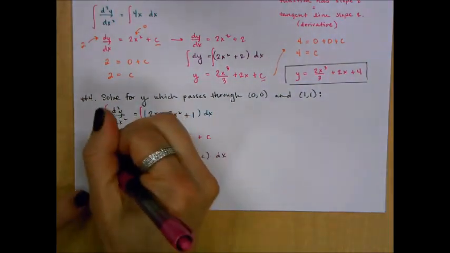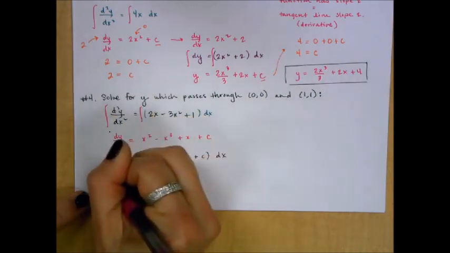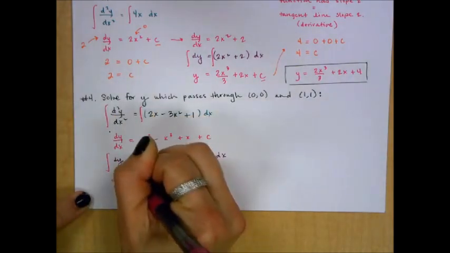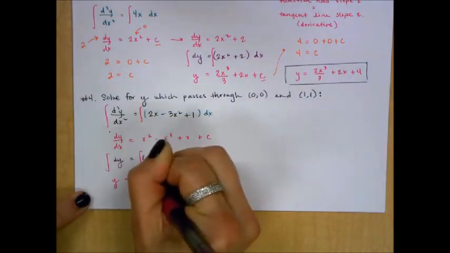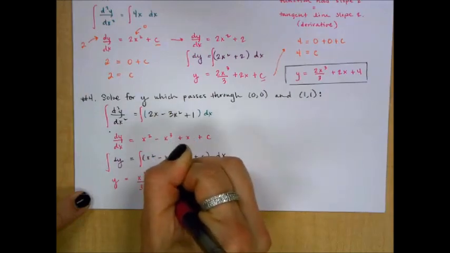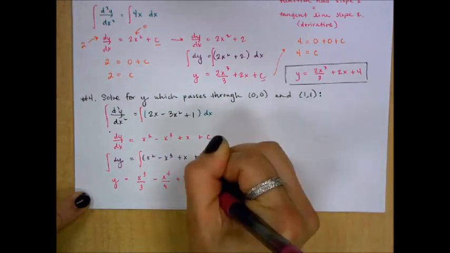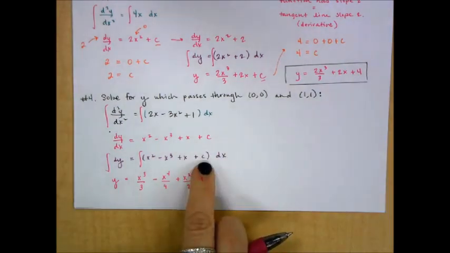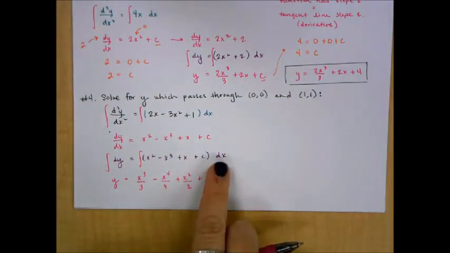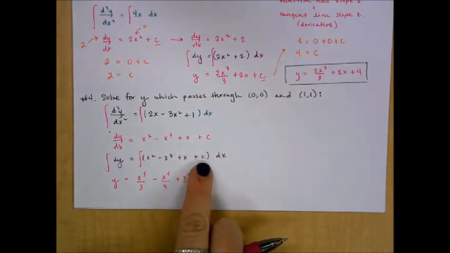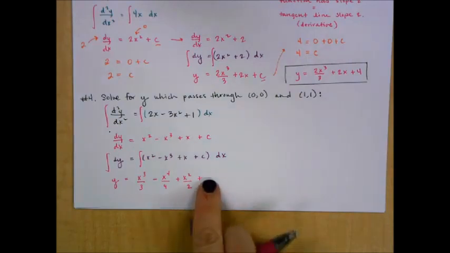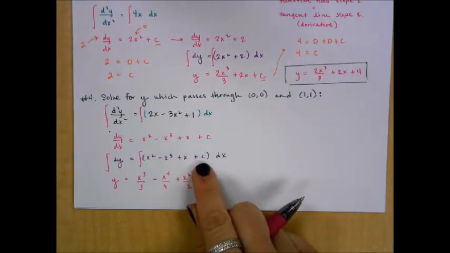So this is y is equal to x cubed over 3 minus x to the 4th over 4 plus x squared over 2 plus, now this c is a constant. When I integrate a constant with respect to x, imagine if this were the number 5. Integrating 5 with respect to x would get us a 5x. Since we don't know the value of c, we simply get cx.